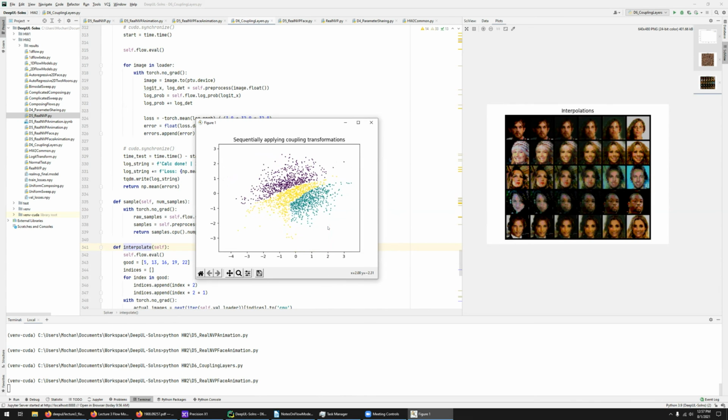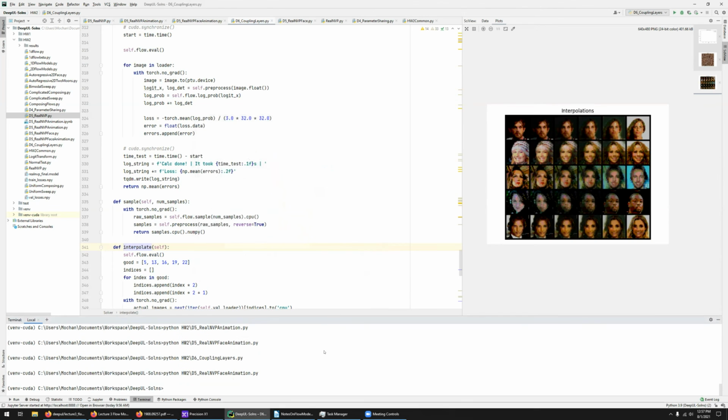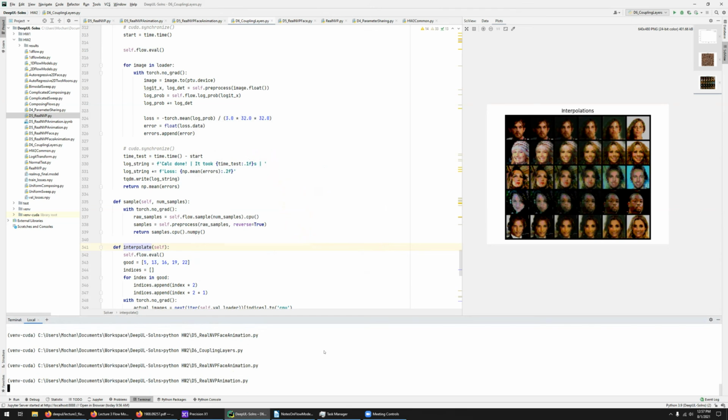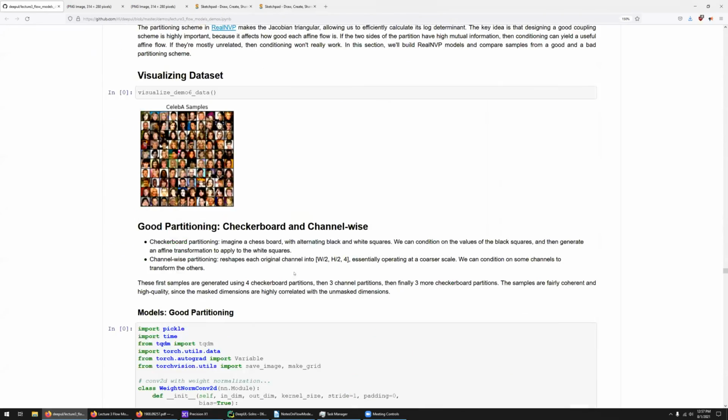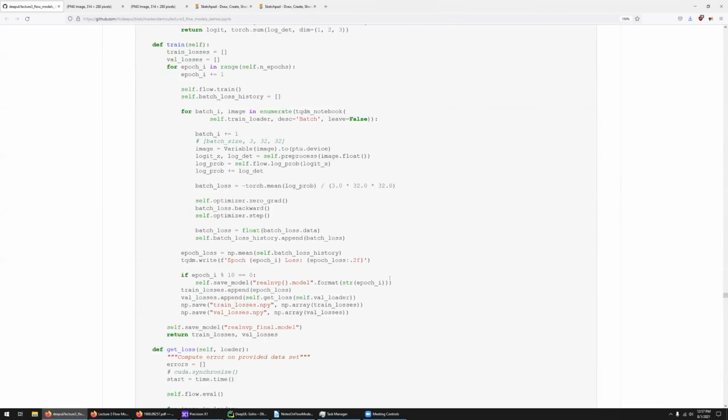That animation took me a while to get working. There's this one, and there's also the animation for the two moons. And there are other interesting things like the face morphing, how we can make it good and bad, and the checkerboard things like that.